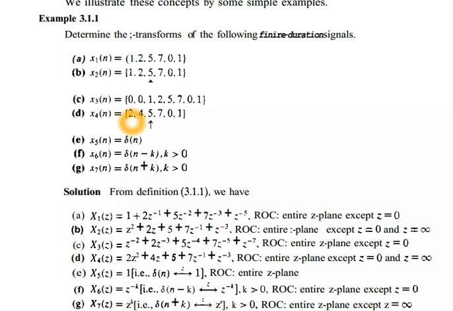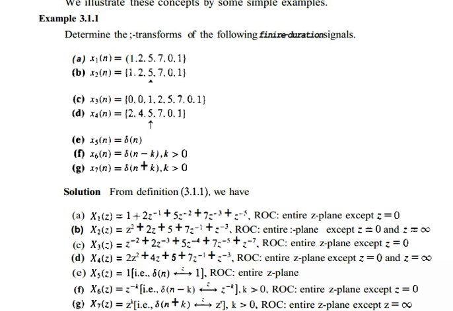In the fourth case it is 2, 4, 5, just like the second problem. And the fifth one is x5 of n equal to delta of n, which equals 1. So the region of convergence is the entire z plane, since all values of z give a finite value for x of z.